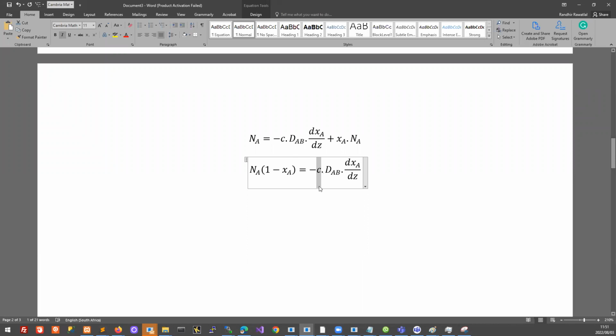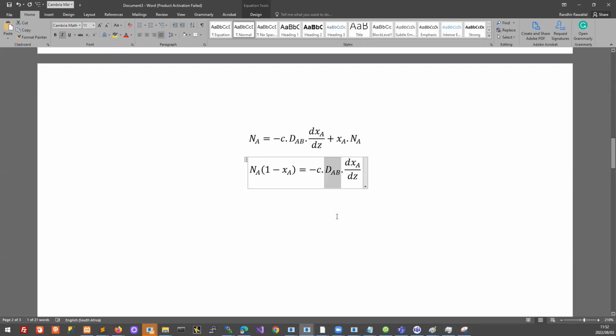Or if it's a gas and the pressure and the temperature are approximately constant, then that concentration is also constant in z. So we are not worried about the total concentration changing over the space. We are only worried about A diffusing through the space, and we want to know how the concentration, how the mole fraction of A changes across the space.